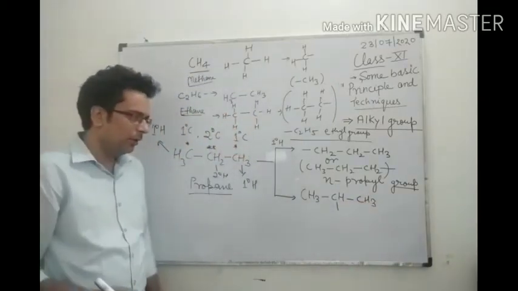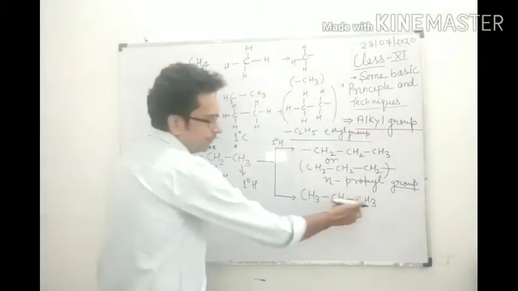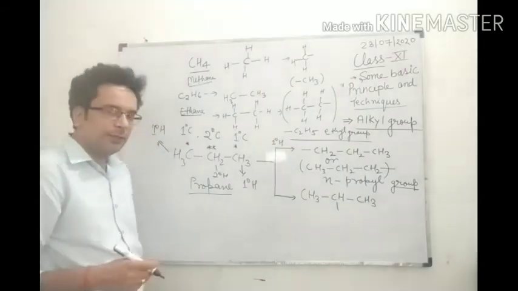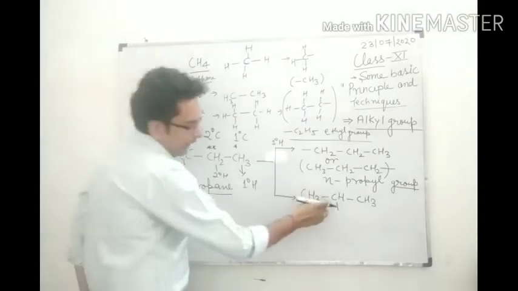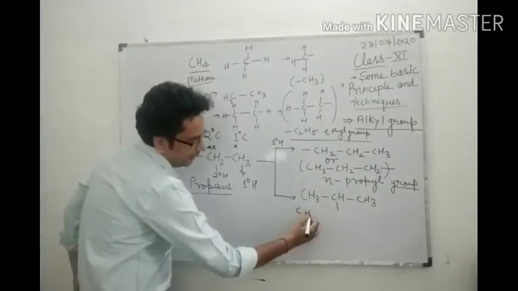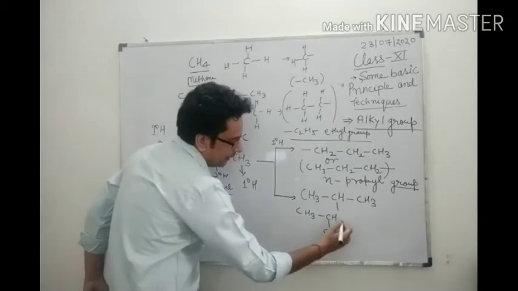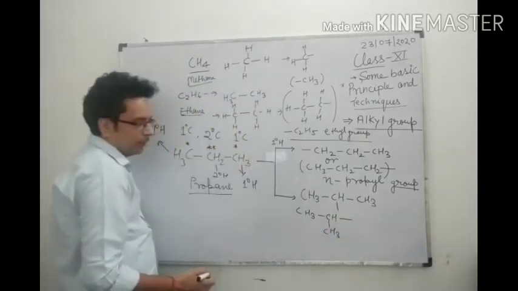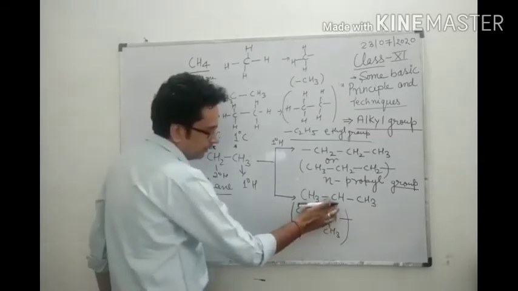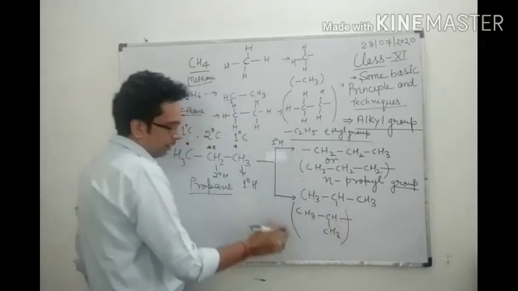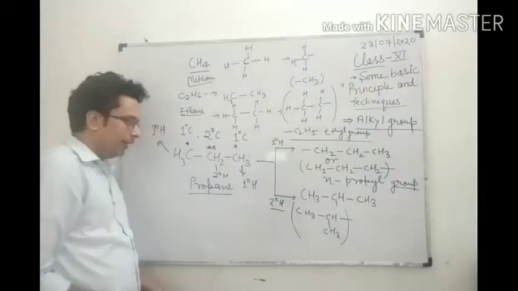Now what about iso? This is the propyl group, because one hydrogen is removed from propane, so we obtain propyl. But look here, it can also be written as CH3 CH CH3, where the 2 degree hydrogen is removed.